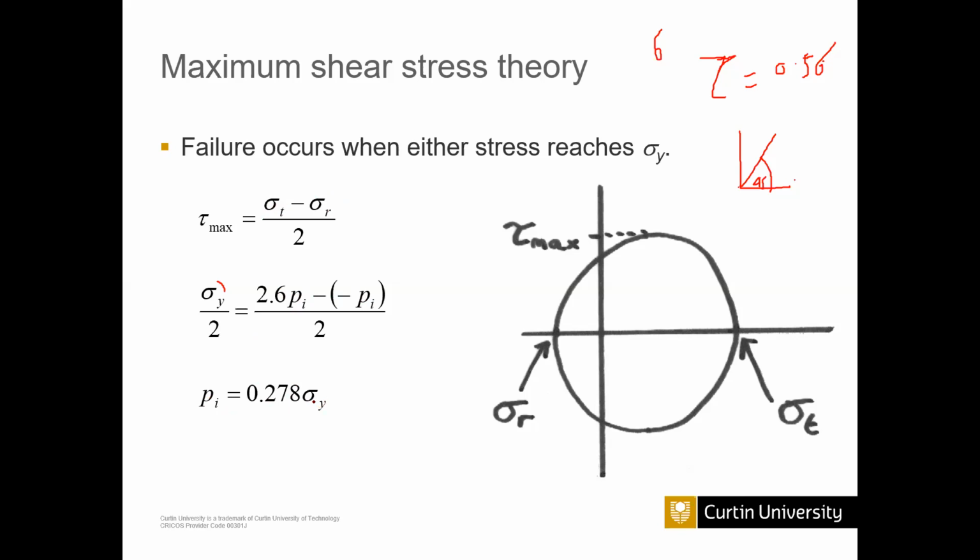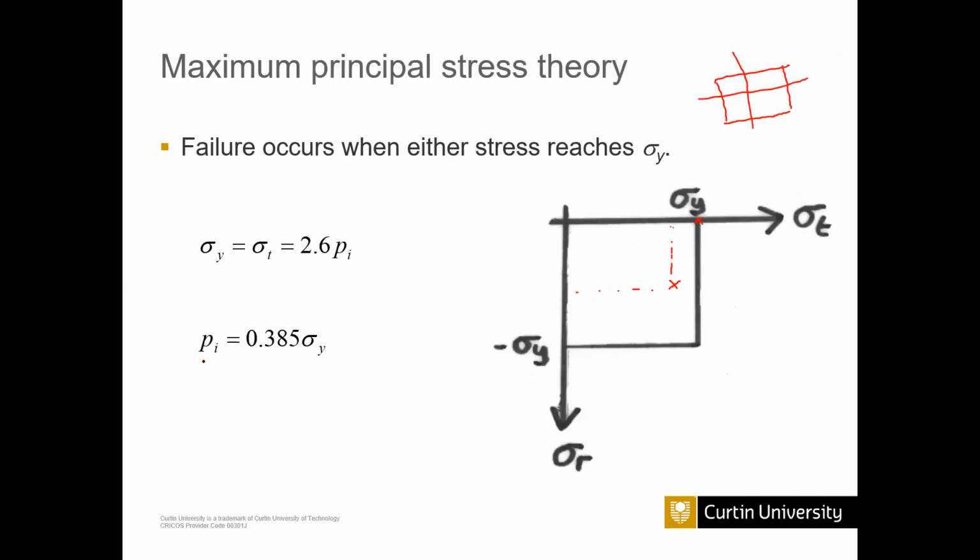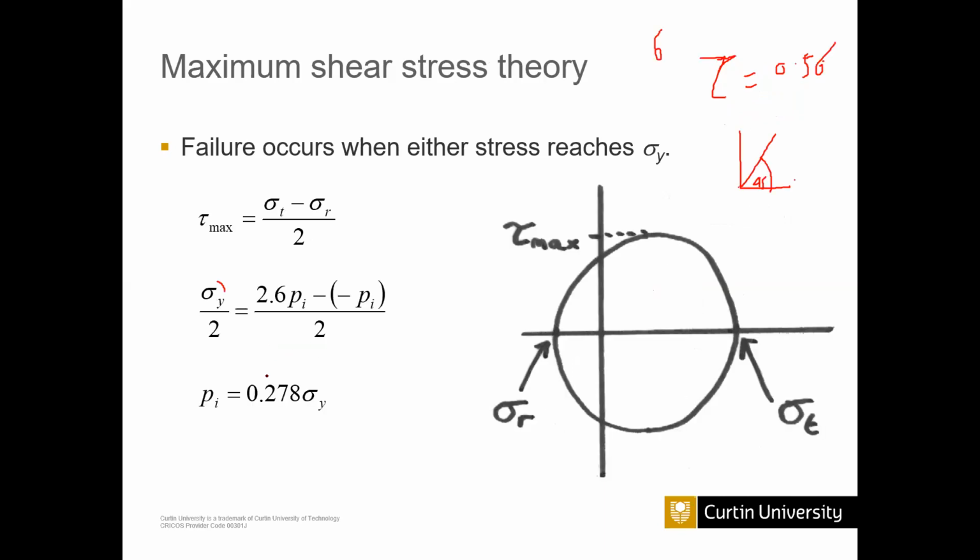So you can see, even though here pi can reach 385 with yield strength 1000, with this method you can only reach 278.